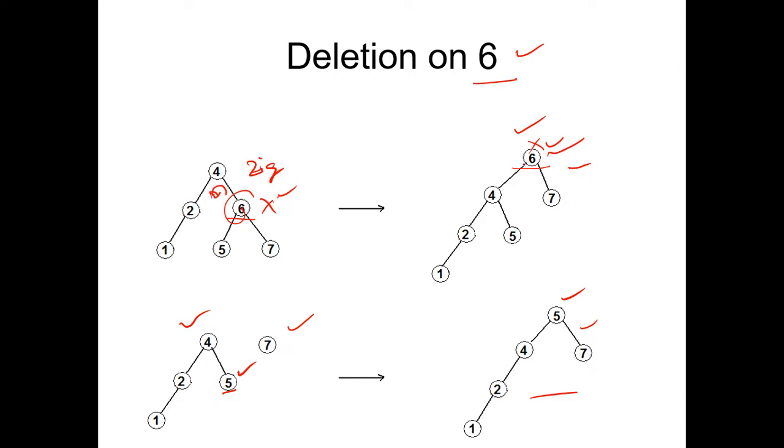After 6 is brought onto the root, then you will delete 6. What do you do in a removal operation? First you need to search for the node to be deleted. Once the search is done and it is found that the particular node is available, you bring that node onto the root, which is what you have done here.